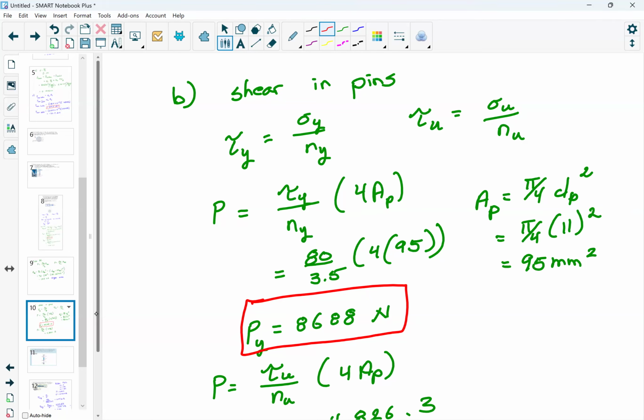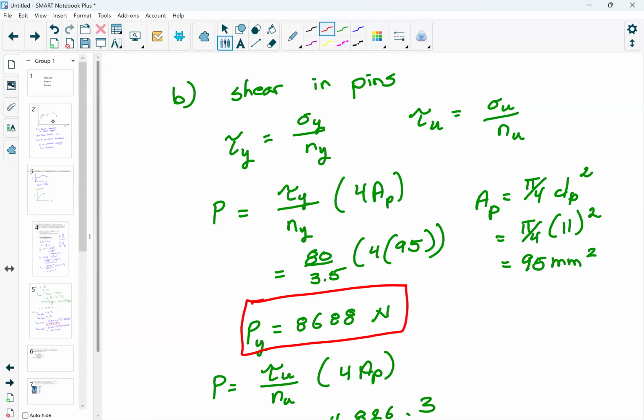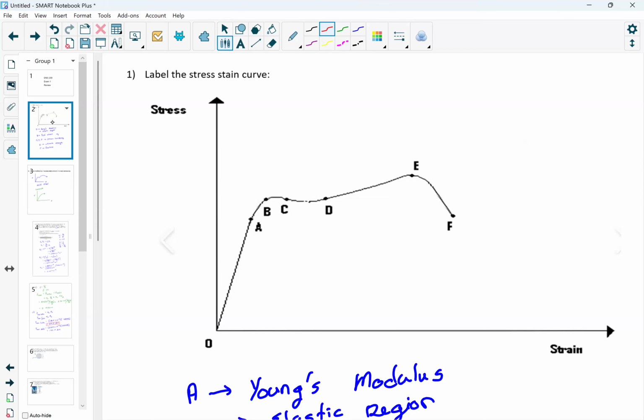Is that the yield? Yeah, so if we go back to here, the shear that's happening then at B, and then the ultimate would then be over here at E.